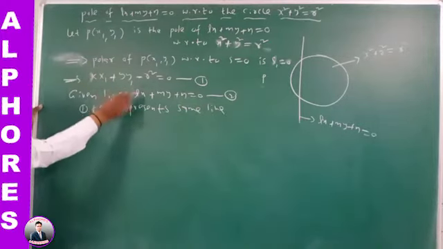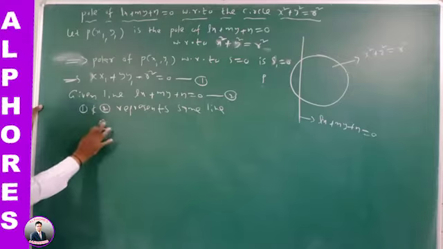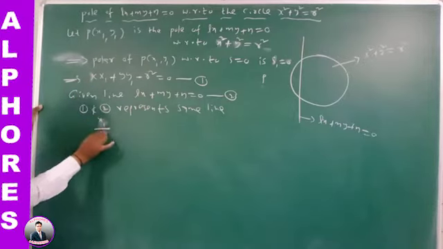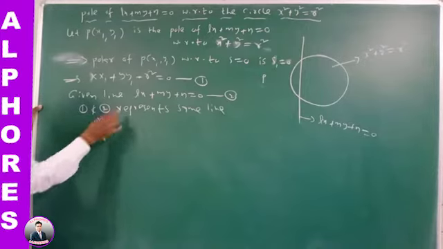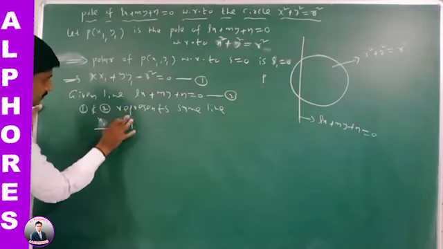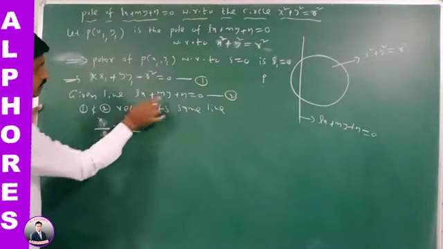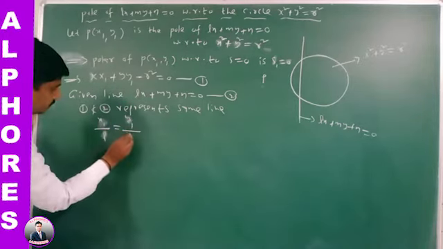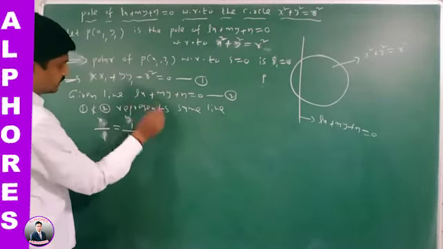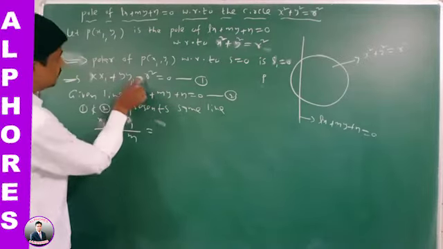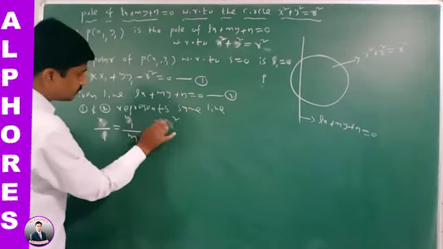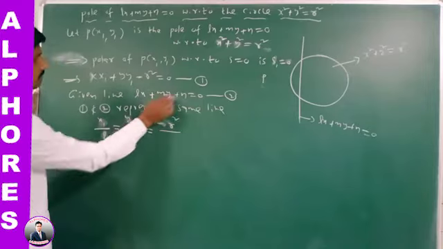Now the coefficient of x, x1 by L, equal to the coefficient of y, y1 by m, equal to the constant, minus r square by n.